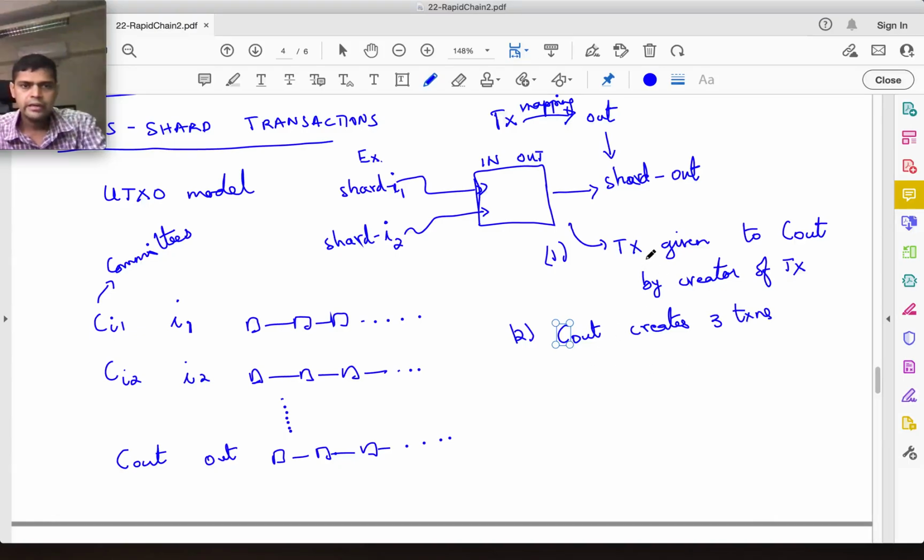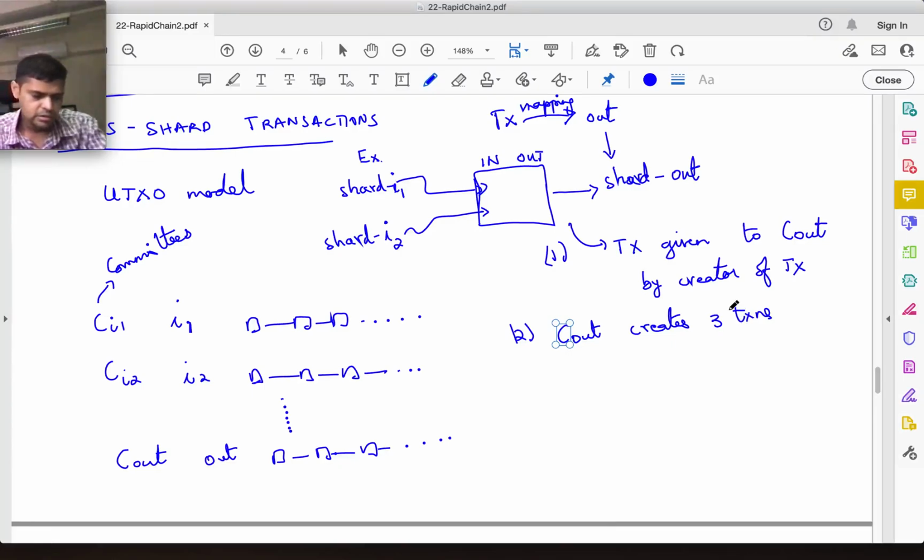So C out can't directly put this transaction in its own blockchain because the money is still there in the other blockchain. So somehow these other two blockchains first have to mark these inputs as no longer being UTXOs, right? Before C out can actually include that in its own chain, right? So C out is going to create three transactions.